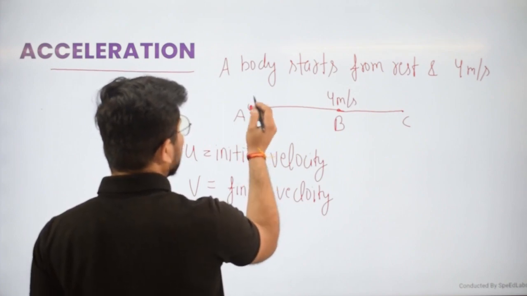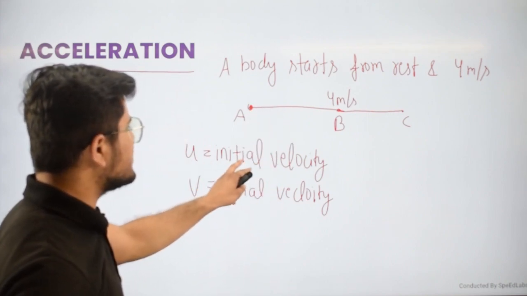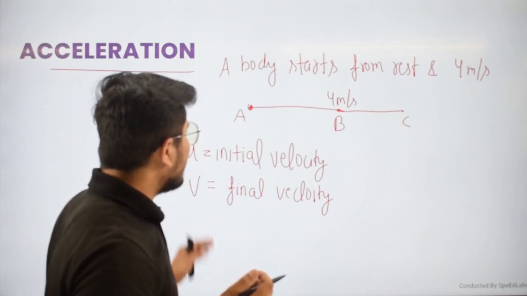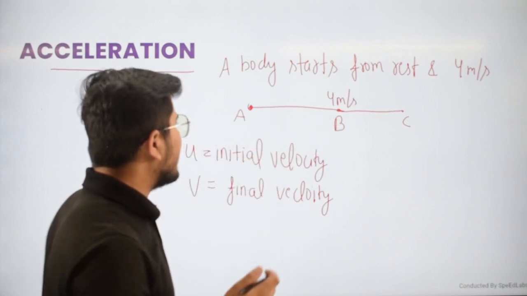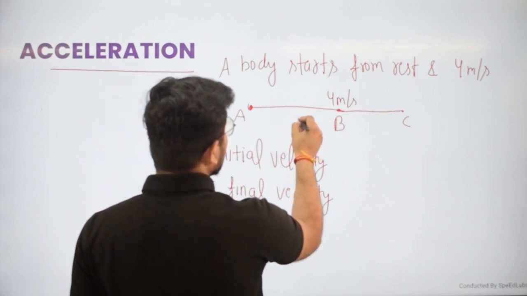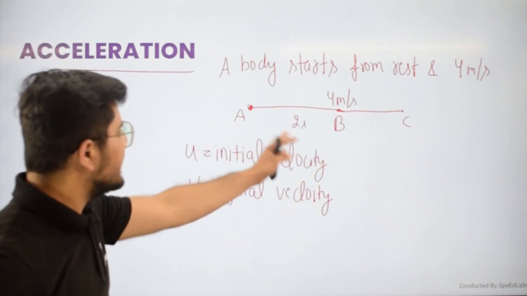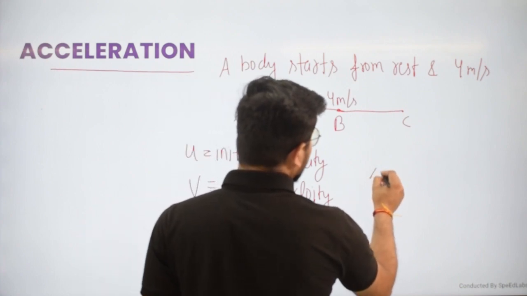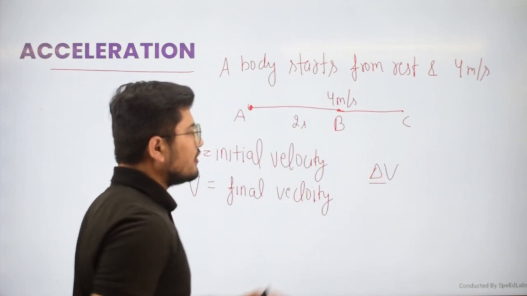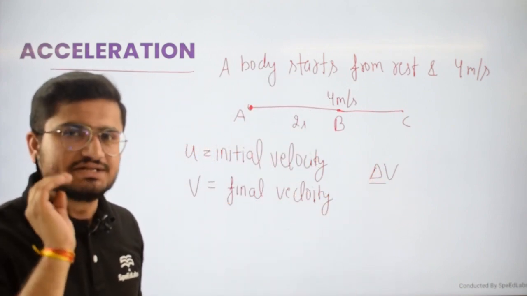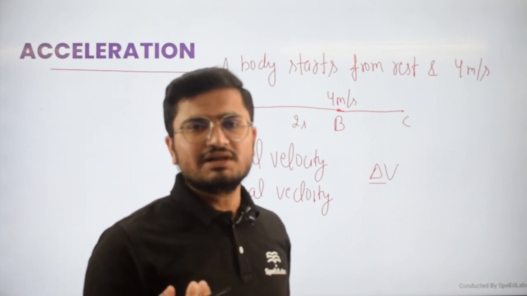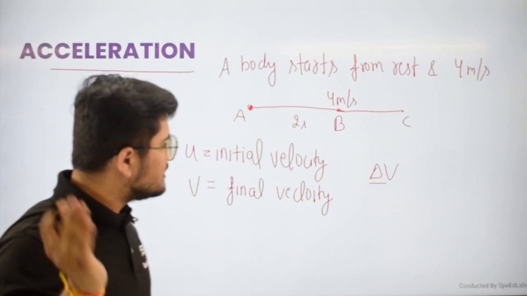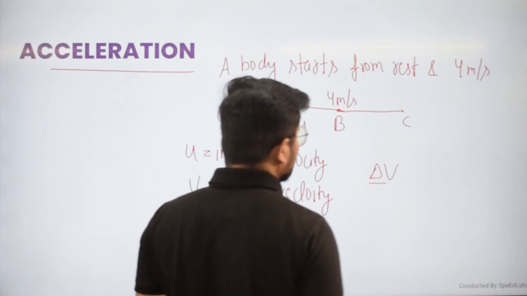Here the body started from rest, so the initial velocity is 0. At this point B, he took around 2 seconds to go from A to B. So change in velocity, delta v. We use this symbol in order to tell the change, and for a small interval, dv by dt, you will learn in higher classes as well.